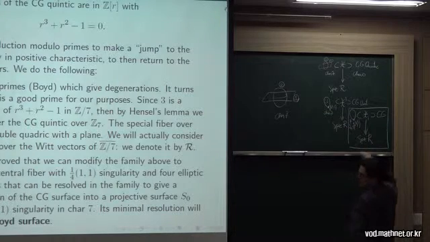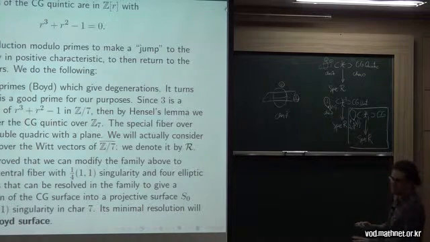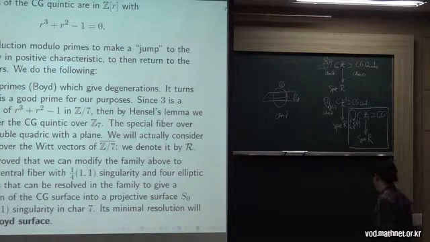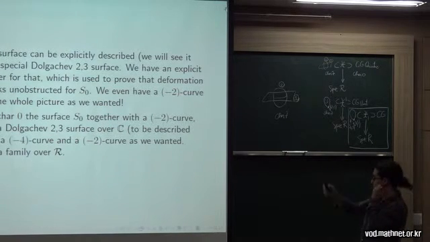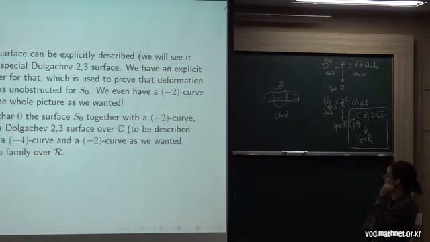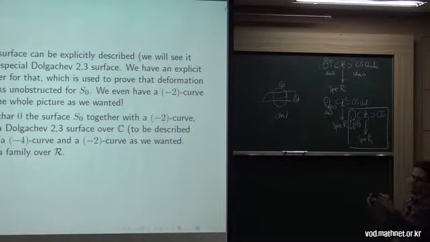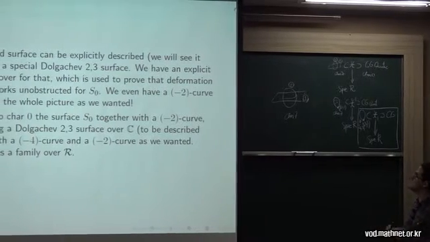I will describe this surface very explicitly in a moment, but I want to continue with the strategy. It is a Dolgachev 2-3 surface, in the sense that it has an elliptic fibration over a curve, and there are two multiple fibers of multiplicity 2 and 3, and very specific singular fibers that I will describe.